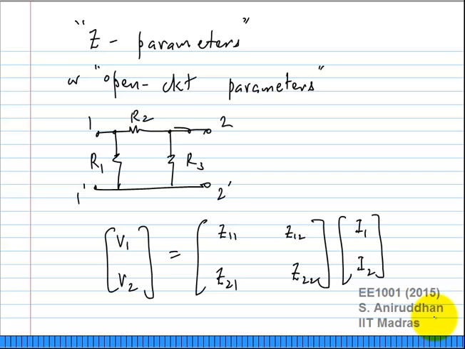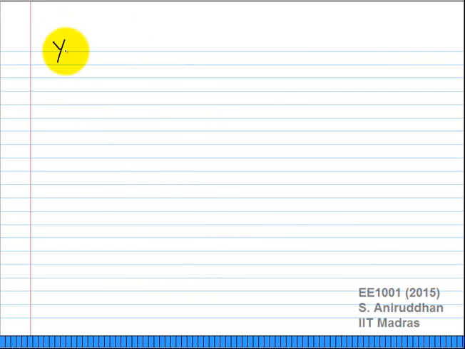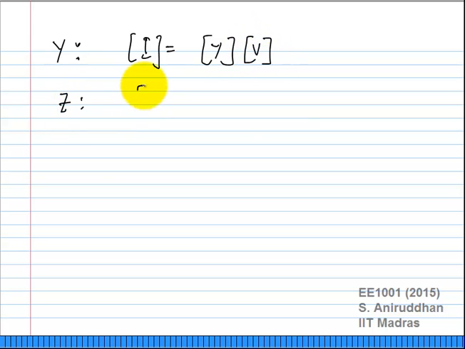Take the inverse of the matrix. Okay, so if you represent these equations in matrix form, for the Y parameters you have I equals Y times V. For the Z parameters you have V equals Z times I.